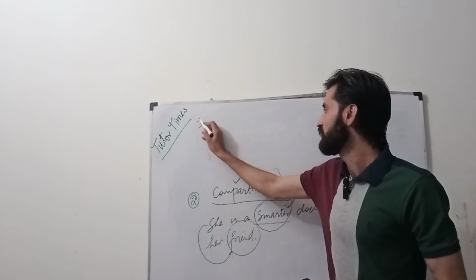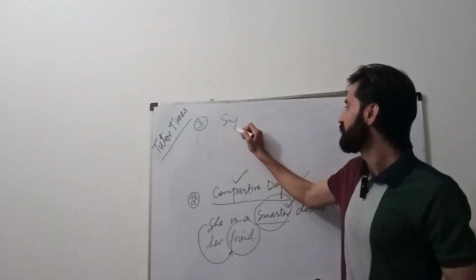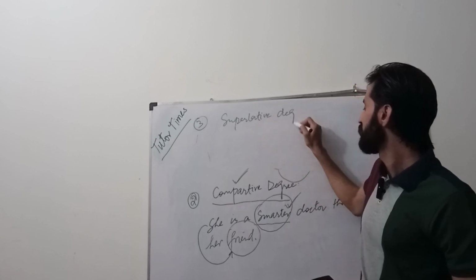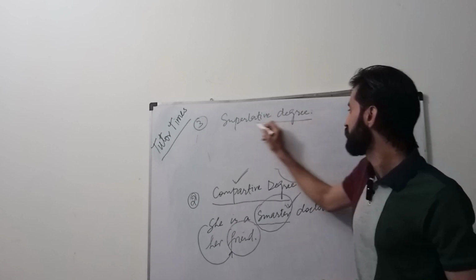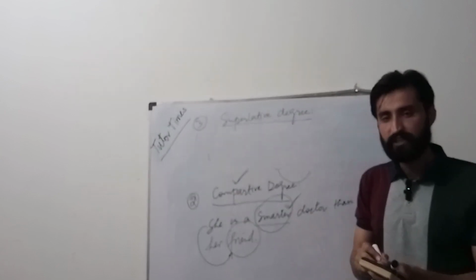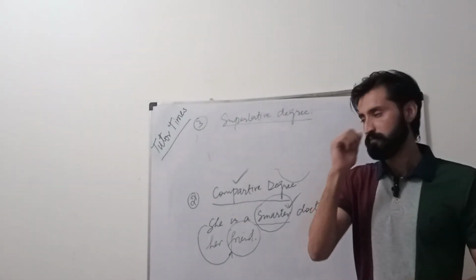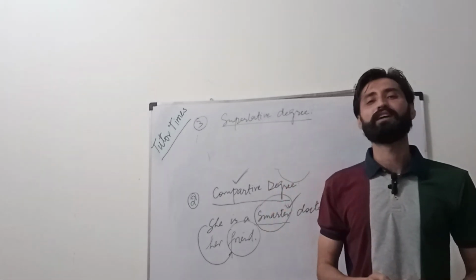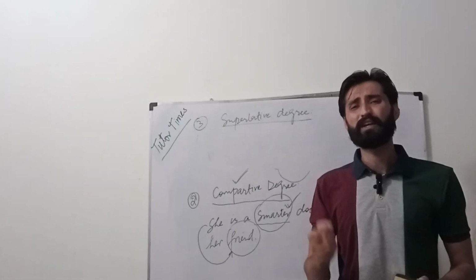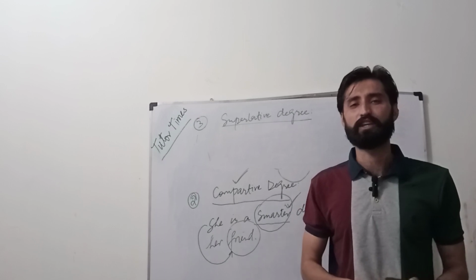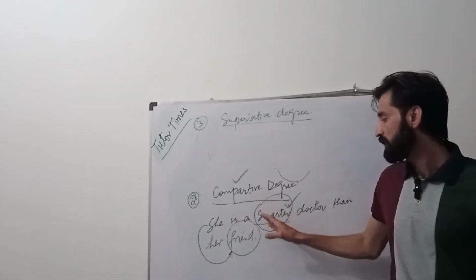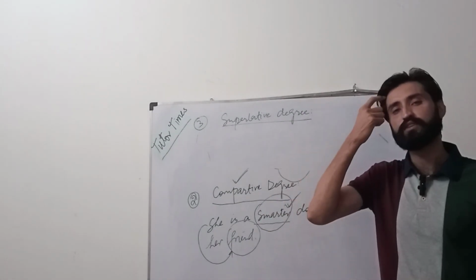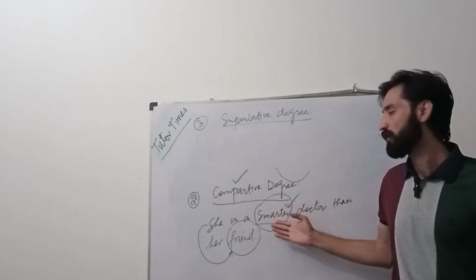Acha, so the third degree is superlative degree. So superlative degree, जिस तरह हमने कहा था that in positive degree we just simply state the quality or characteristic of an individual thing, a place, and in comparative degree we then compare two different individual things and places with the help of an adjective.